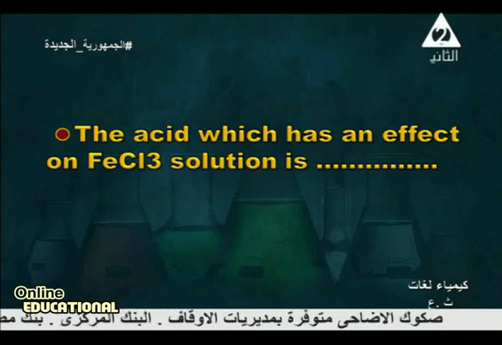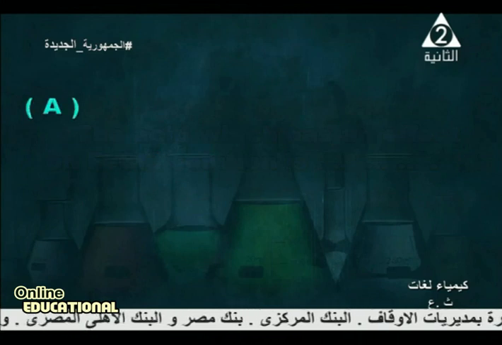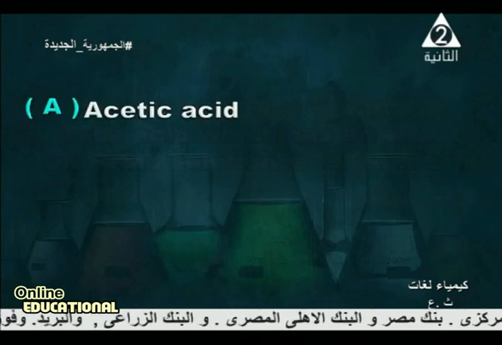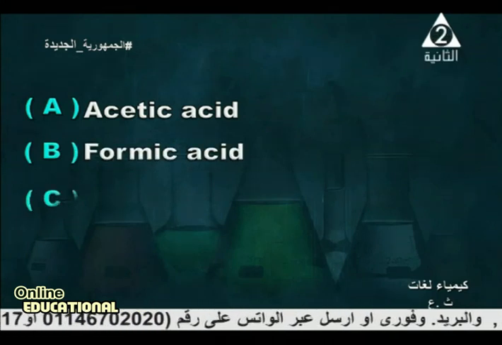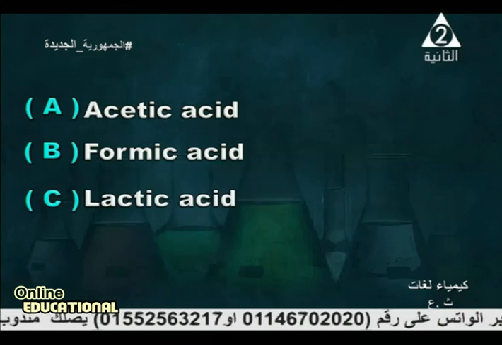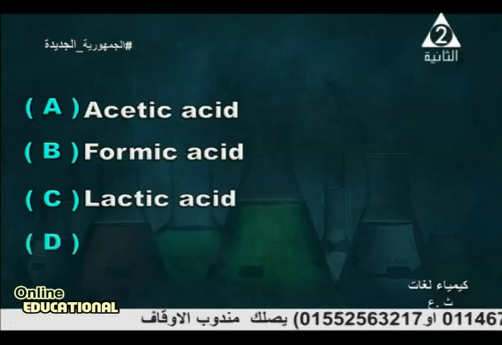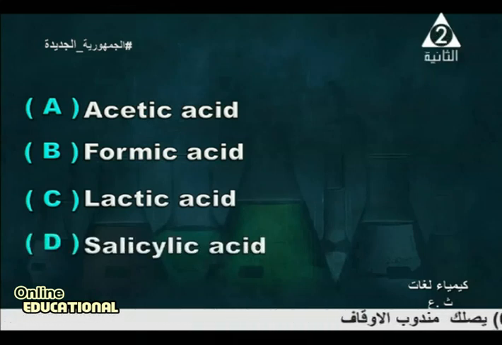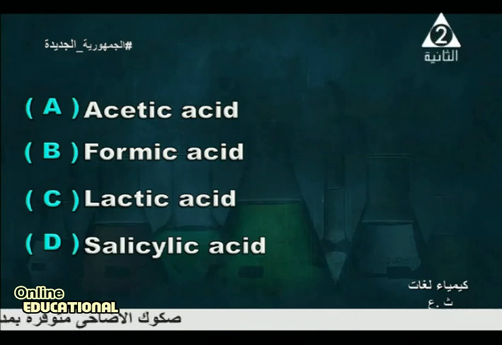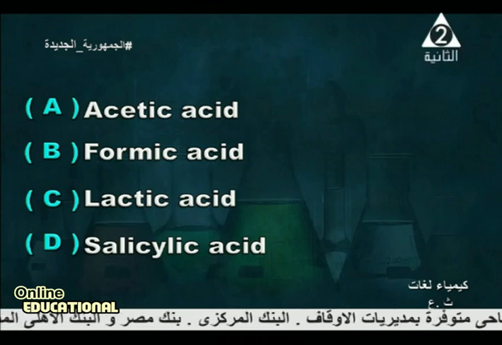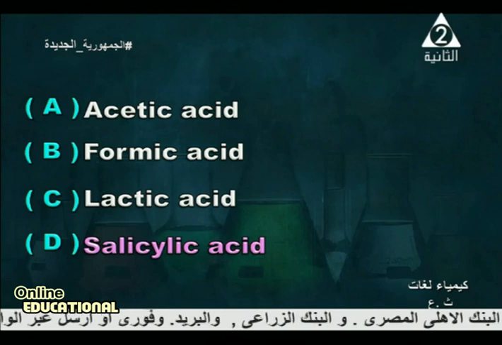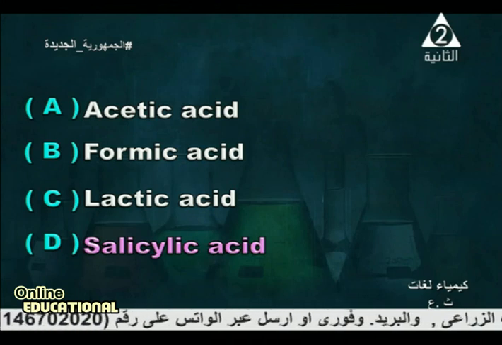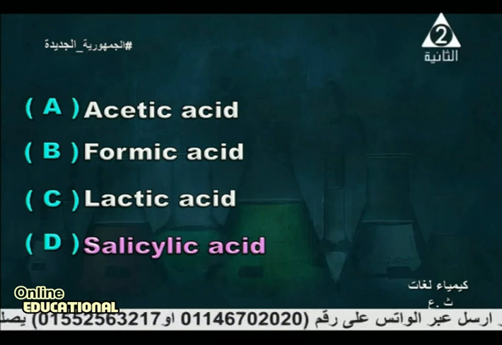I can say the acid is number A, acetic or formic acid, or number C, lactic acid, or number D, salicylic acid. Ask yourself what you have. I have FeCl3. It's a good answer, I know it. Salicylic acid. Not any acid has this effect except salicylic acid.